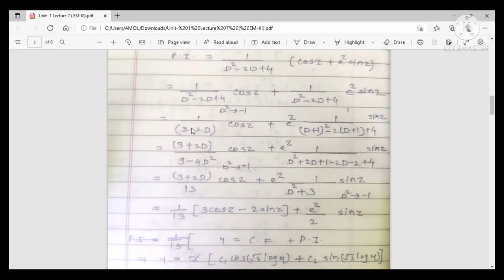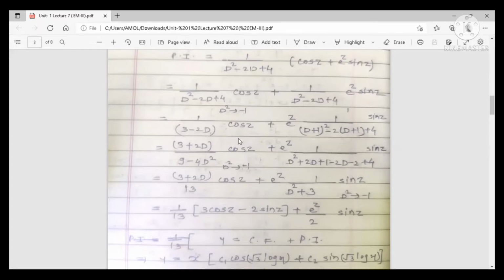And now the first term's denominator is 3 minus 2D and the function is cos z. Now how to solve for cos z? We always replace the terms of D square and not D. Now there is a term 3 minus 2D. There is subtraction of two terms, so we cannot integrate cos z here. If there is a single D in the denominator, then we can easily integrate.